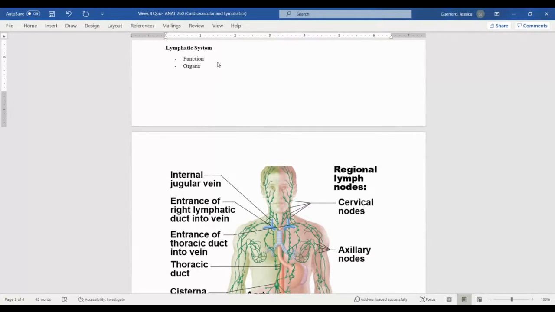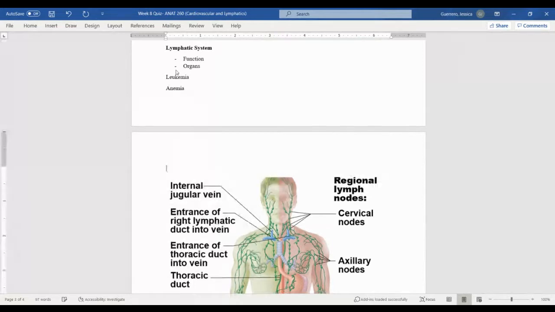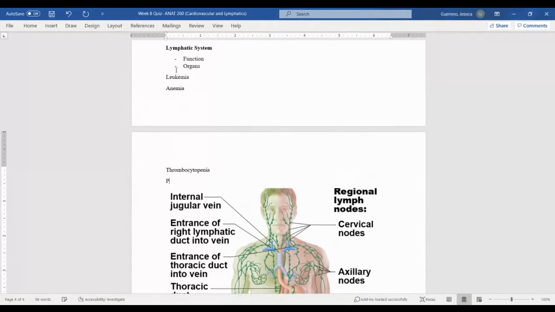All right, lymphatic system. You need to know what leukemia is. You need to know what anemia is. You need to know what thrombocytopenia is. Polycythemia.